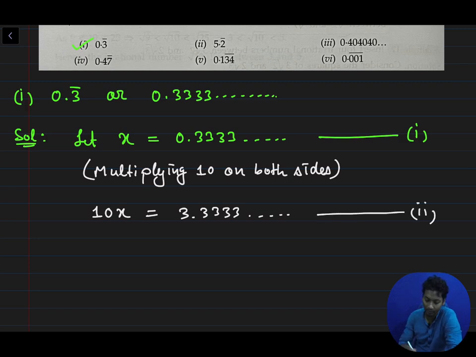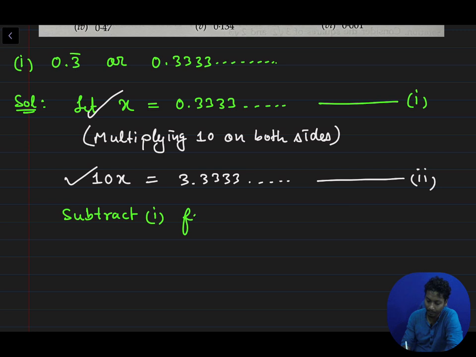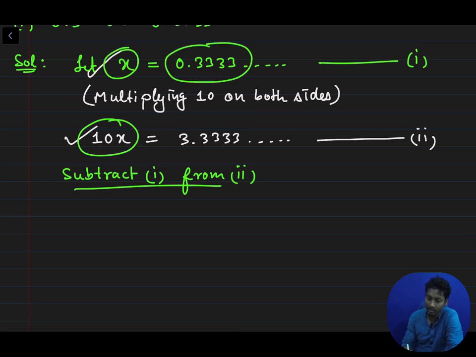As soon as you get the first equation and the second equation, if you recall what we did, we subtracted the first equation from the second equation. So here you write subtract equation 1 from 2. Whatever is on the left side you subtract, and whatever is on the right side you subtract.